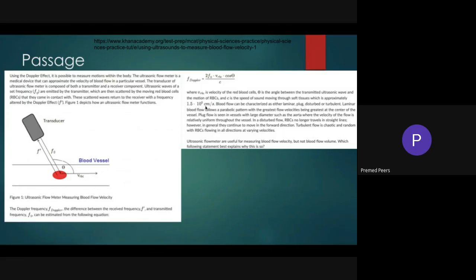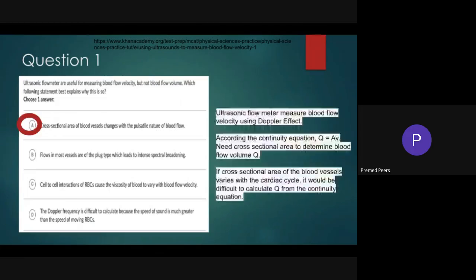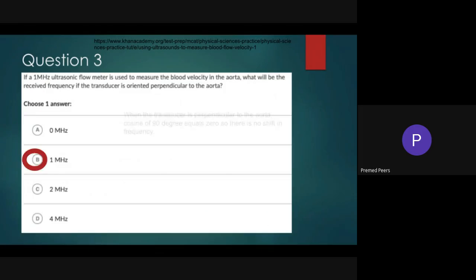Is that the 1.5 that's provided? How did you guys do this one?